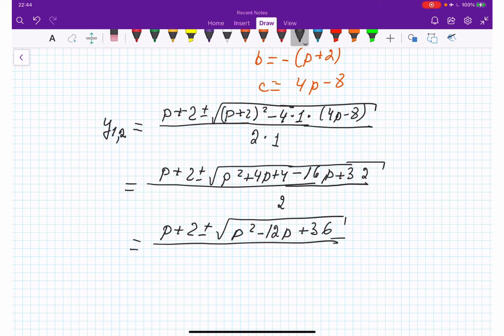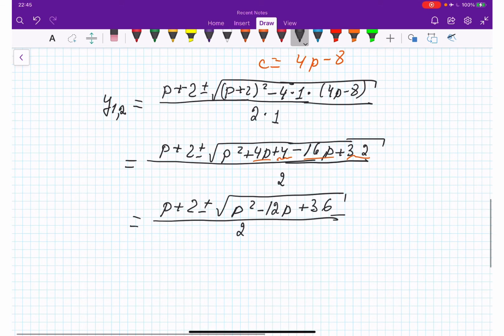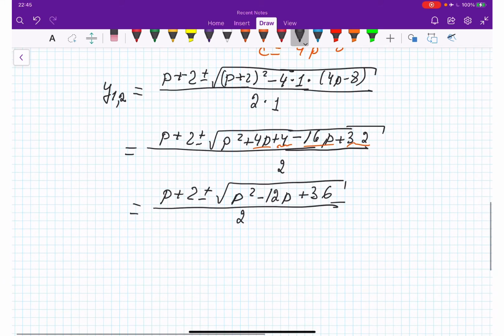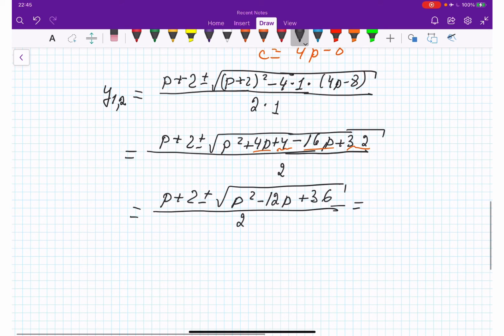Yes, we are combining like terms, this with this, and this one with this one, right? And here we divide by 2, and the result is going to be p plus 2 plus minus (p minus 6), over 2.